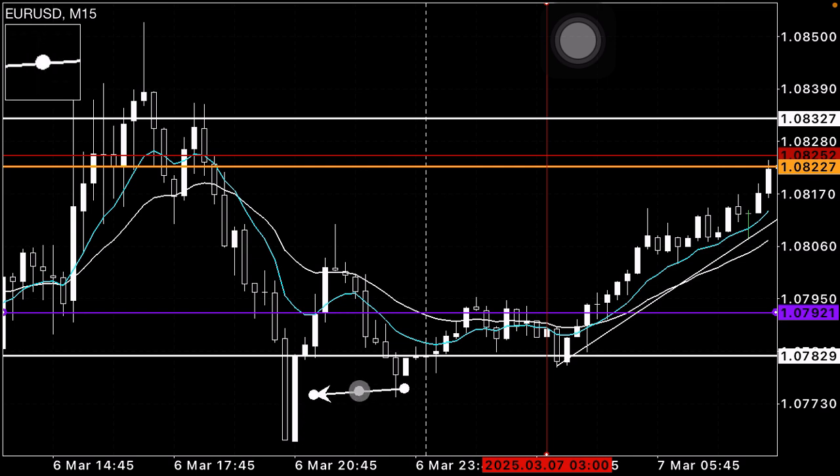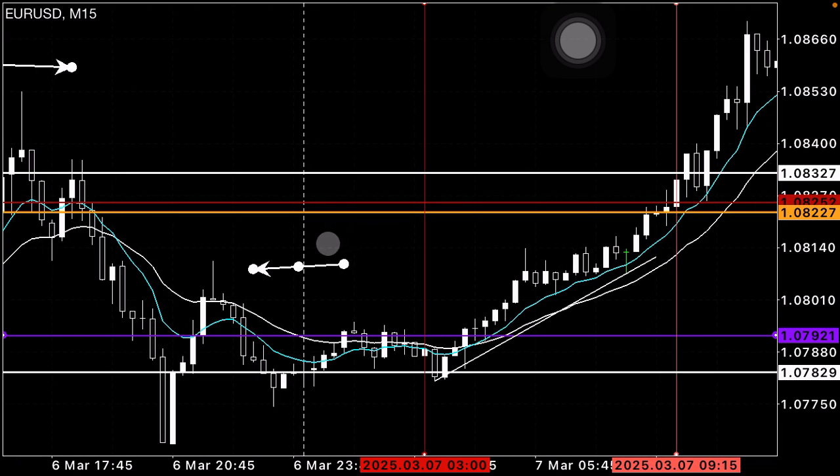So the brother just stayed up all night and waited all day for it to keep coming back. It went back up here. And this is where the brother, I think the brother got out of the market, something like that. No, that was the previous trade.